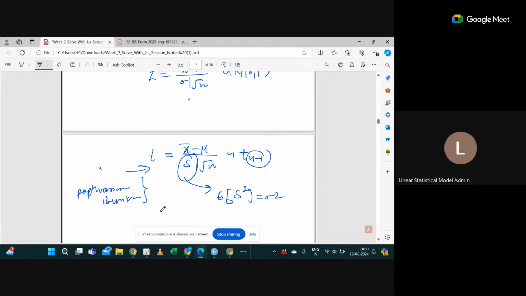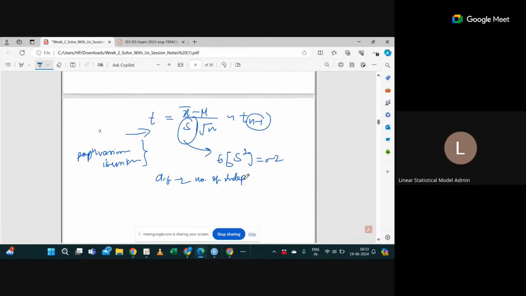Now, I told you, degree of freedom is what? Number of independent parameters, which basically helps to form our statistics. Now there is one dependency on this sample variance, right?